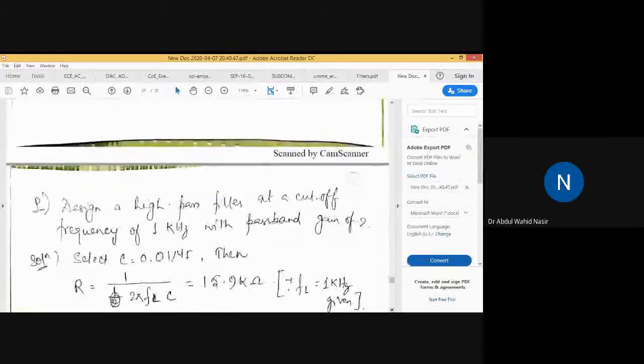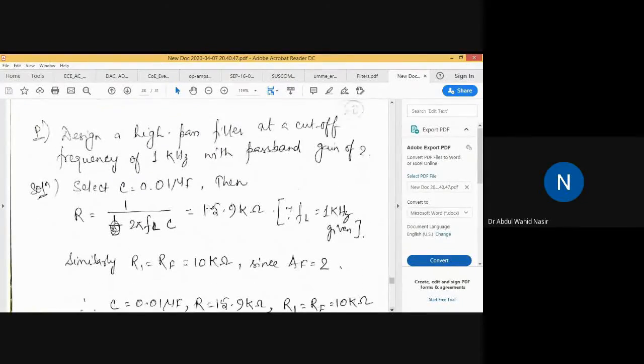The FL value given is 1 kilohertz. If you substitute 1 kilohertz here and the capacitance value of 0.01 microfarad, and solve this expression, you will get the value of R as 15.9 kilo ohm. Here FL is equal to 1 kilohertz, given.